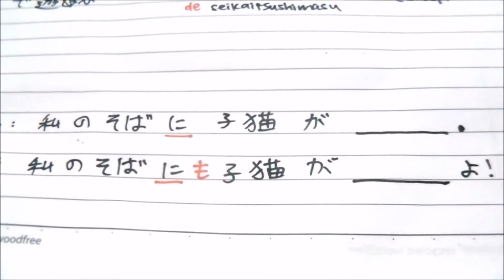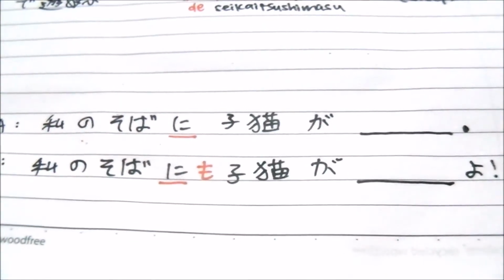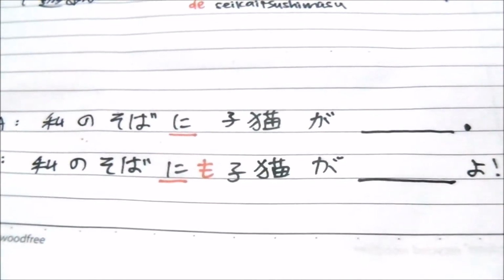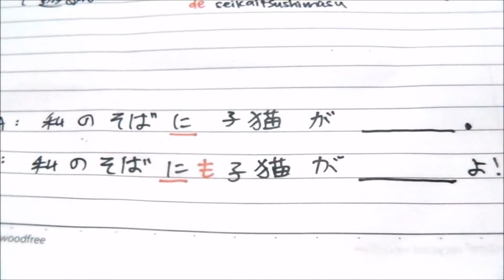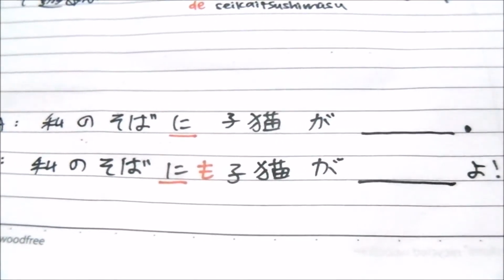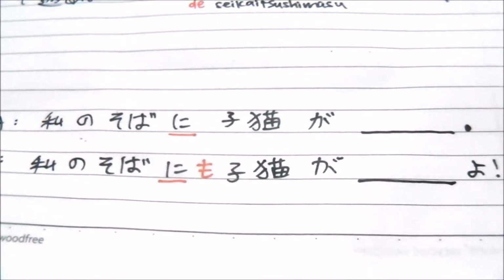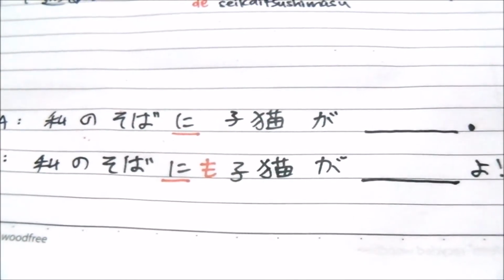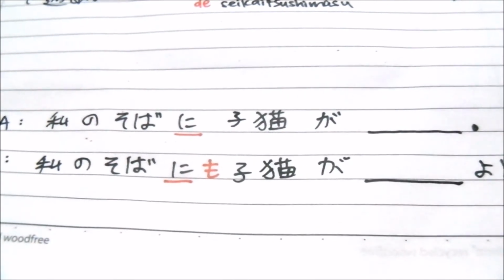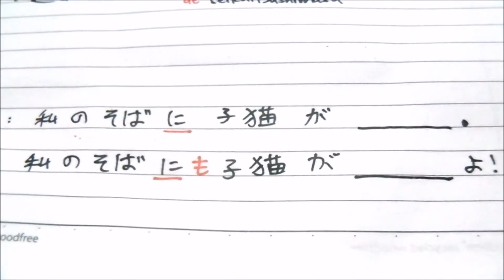It says that beside me, there's a cat, A said. Then B said, beside me, there is also a cat. So you use mo for also. For mo, where do you put it? You can actually put it ni mo. You can attach it to ni.